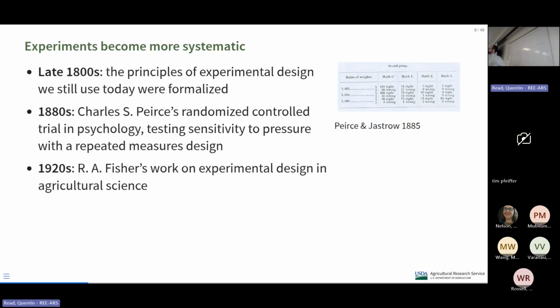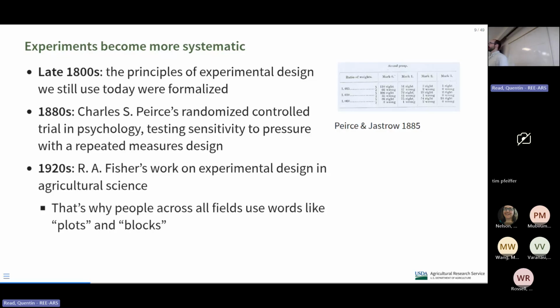And he was working in ag science, in agronomic trials, like a lot of you work on, and that's sort of why the lingo of experimental design sounds agricultural, like plots and blocks. The people that are not actually setting up trials in fields still use that terminology, and that's because Fisher developed it within the field of agriculture.